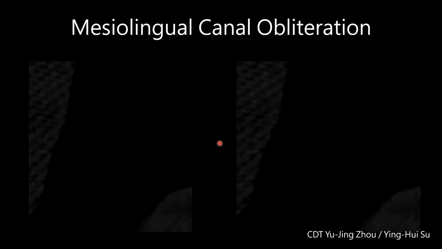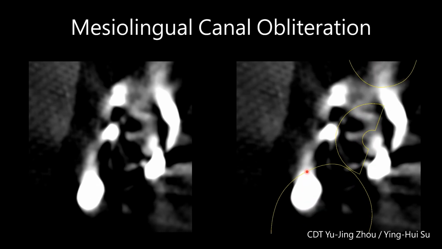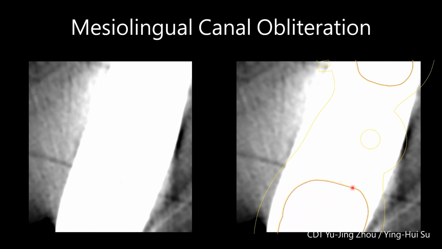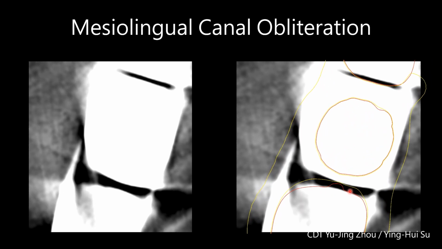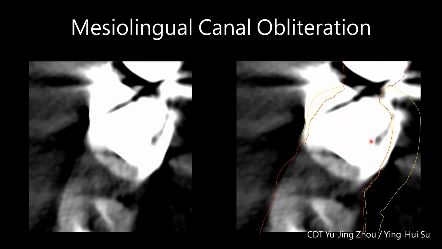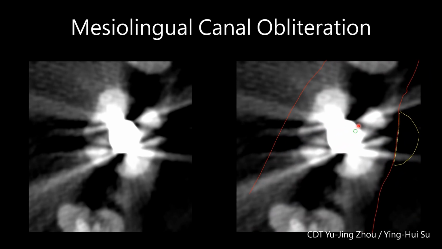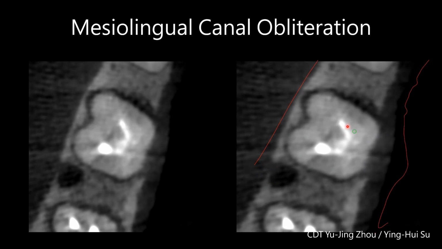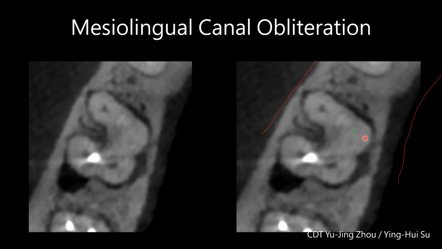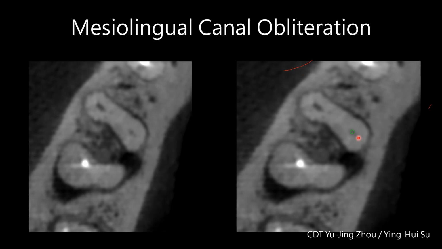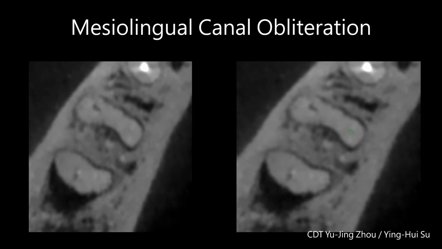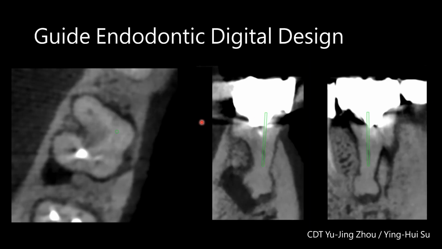Let me go through it again. The yellow line is the guide plate, the red line is the surface, and let's see the green circle here. We can see this is the mesiolingual canal until here, and very clearly, we can see the root canal.